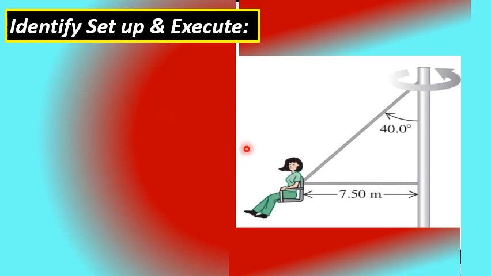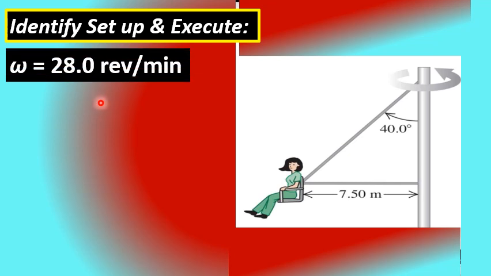Based on this figure, the girl and the seat are swinging in a counterclockwise manner around this solid vertical post, with an angular speed equal to omega, which is 28.0 revolutions per minute.